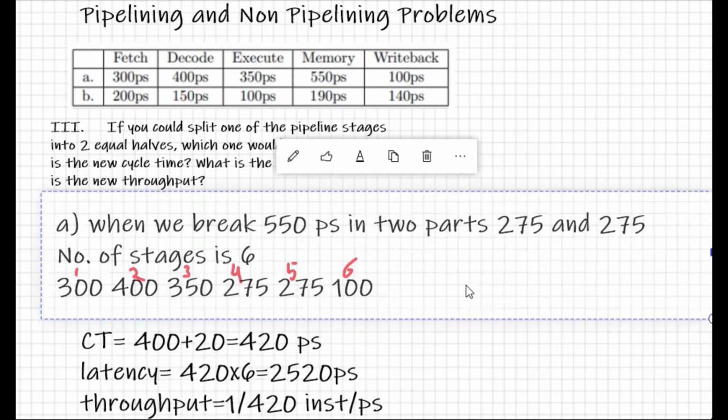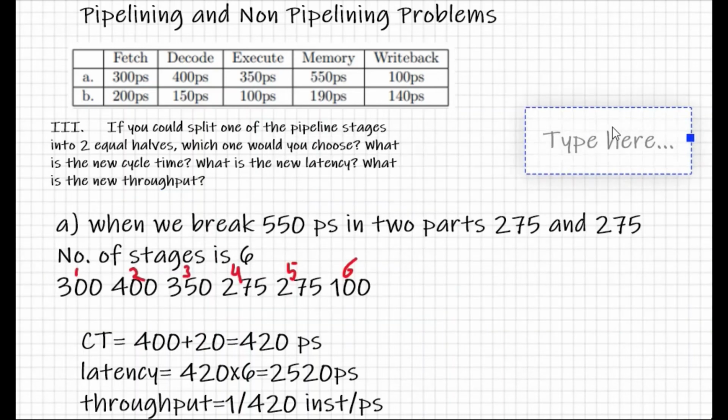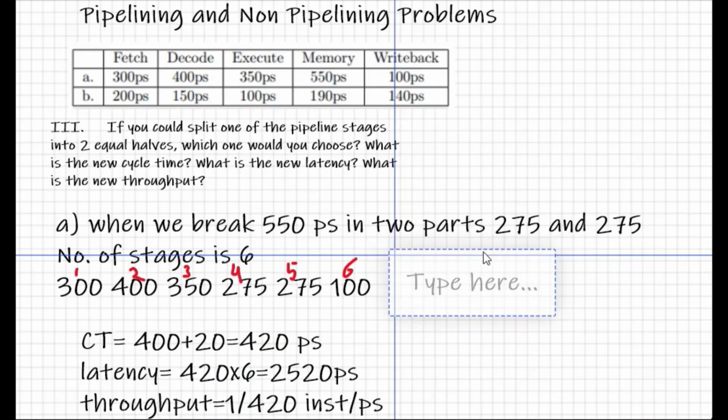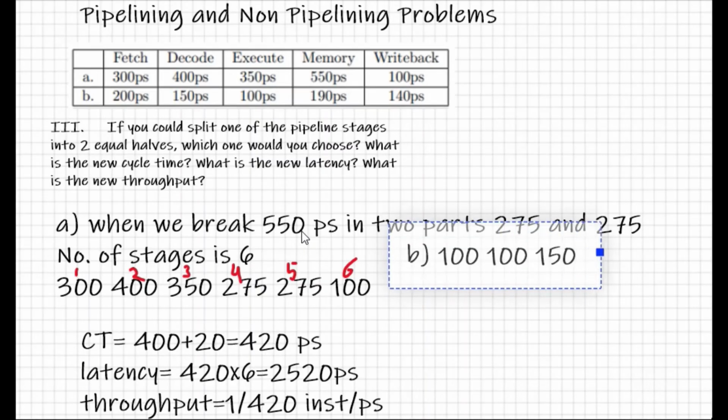Now we will do it the same way for part B. For part B, suppose I'm writing it here. Part B. So for the stages, I already told you 200 is the maximum, so we will choose the critical path, that is 200. It will be divided into two parts: 100, 100, 150, 100, 190, and 140.